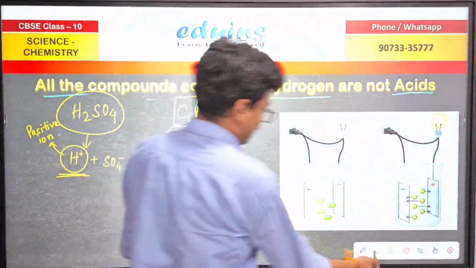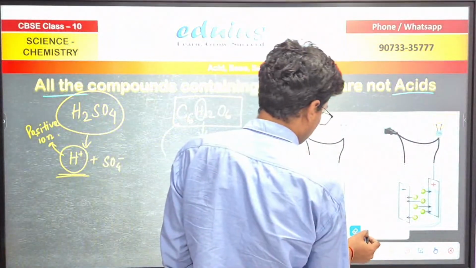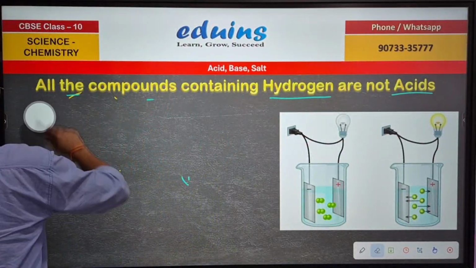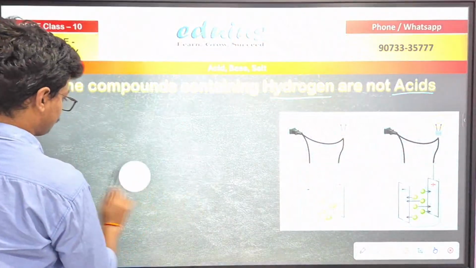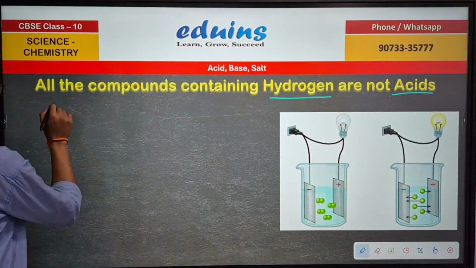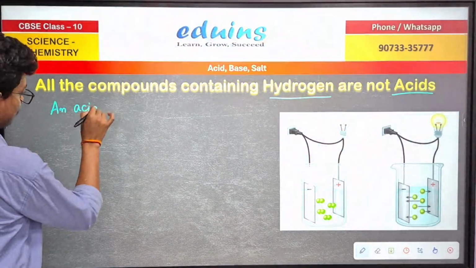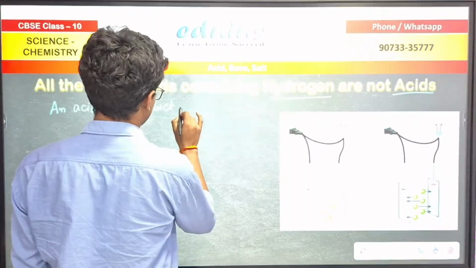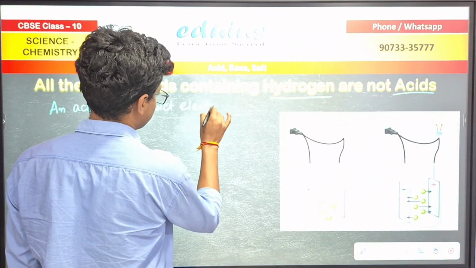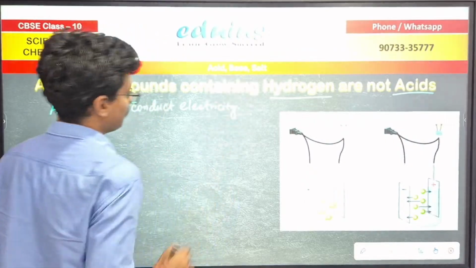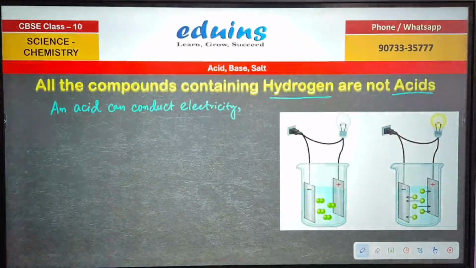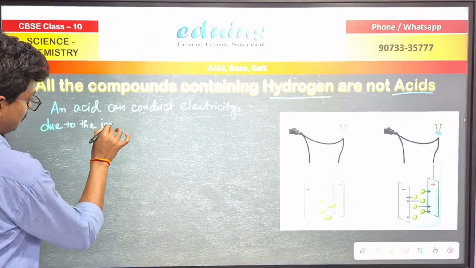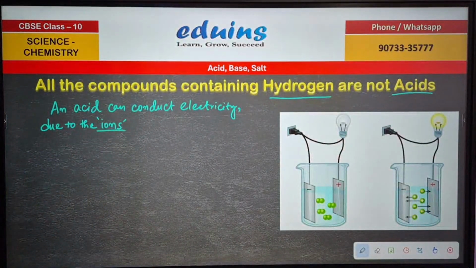Okay, so if we write down here that an acid can conduct electricity due to the ions.